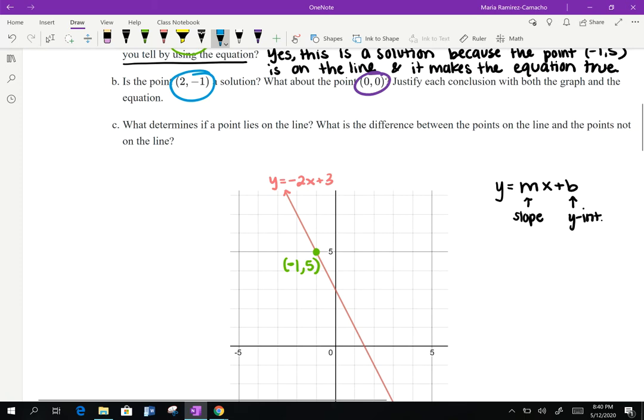So the point 2, negative 1 is here. This is on the line, so this is a solution. Let me write solution here too, since I didn't before. 0, 0 is right here. This is not on the line, so this is not a solution.